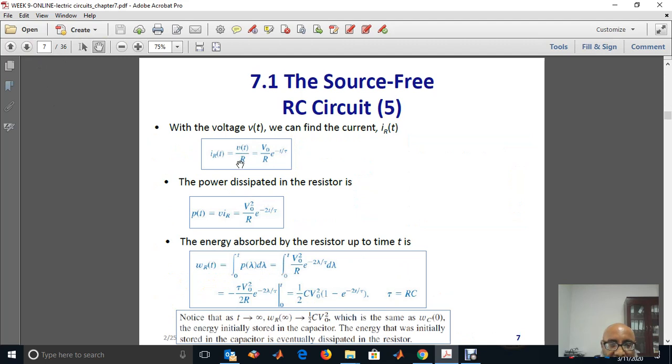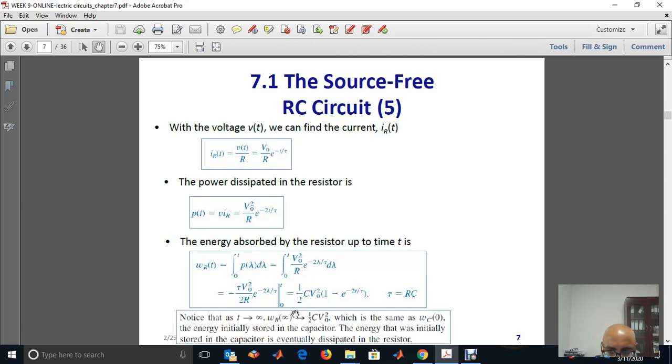The current through the circuit, for example the current through the resistor, is the voltage divided by the resistance, which is given by this formula, and the power is the voltage times the current, which is given by this formula. And if we try to find the energy absorbed by the resistor, it will be given by this equation. The integral of the power will give me the energy.